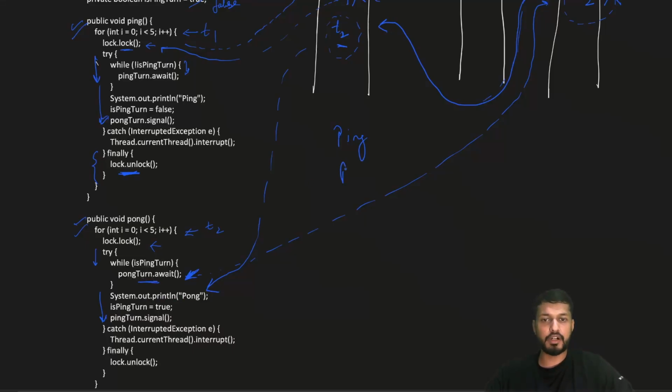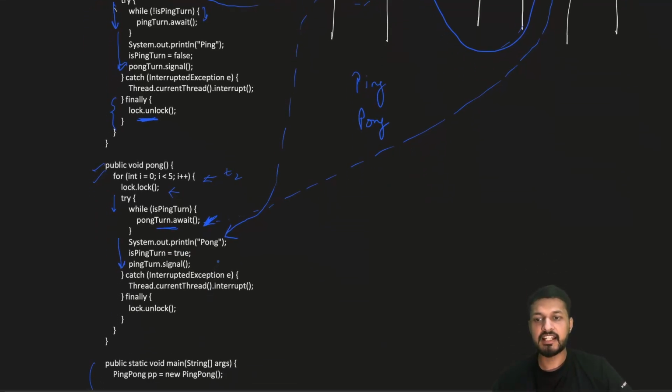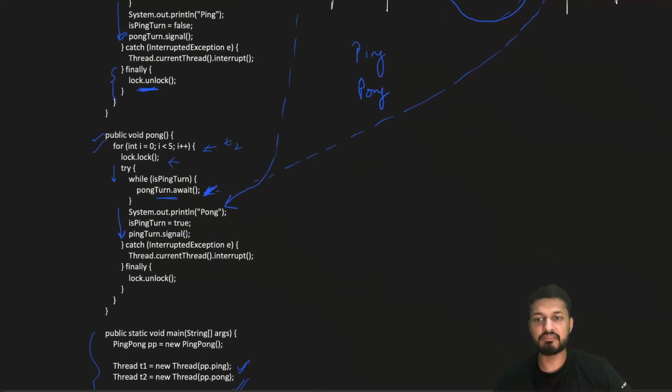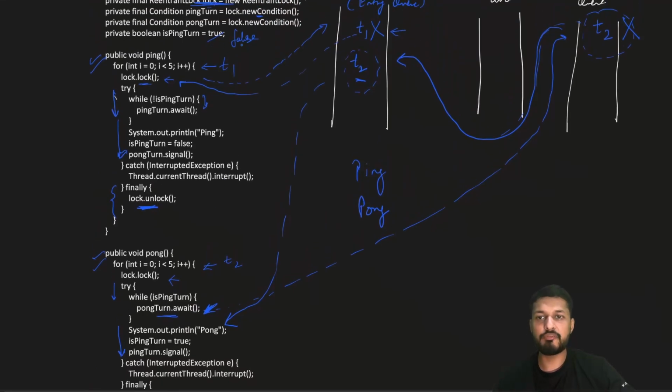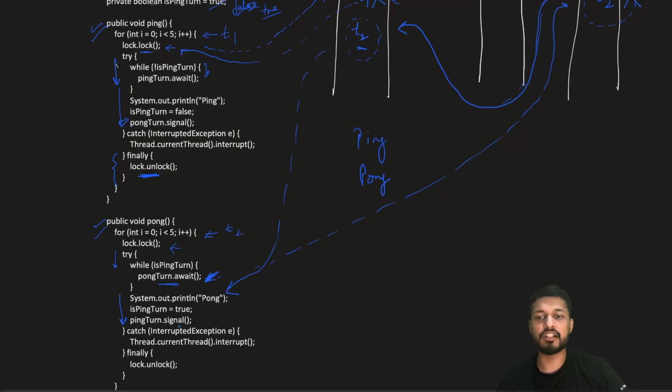System.out.println Pong, right? So T2 will print Pong. After that, isPingTurn = true, so the value of isPingTurn will change from false to true, correct? And then it will do pingTurn.signal. This is also very important.